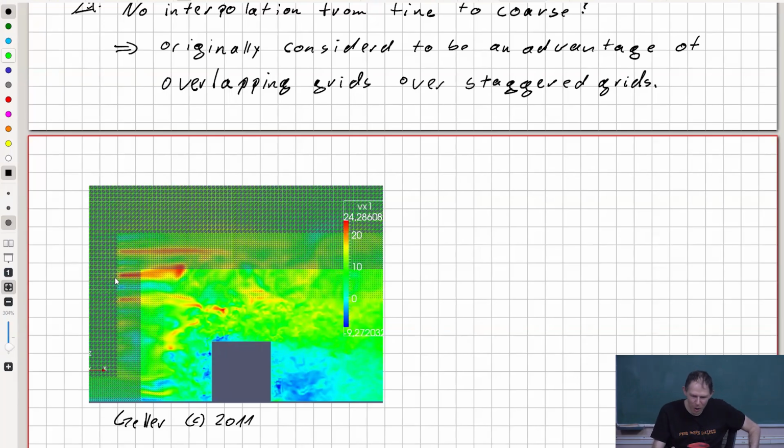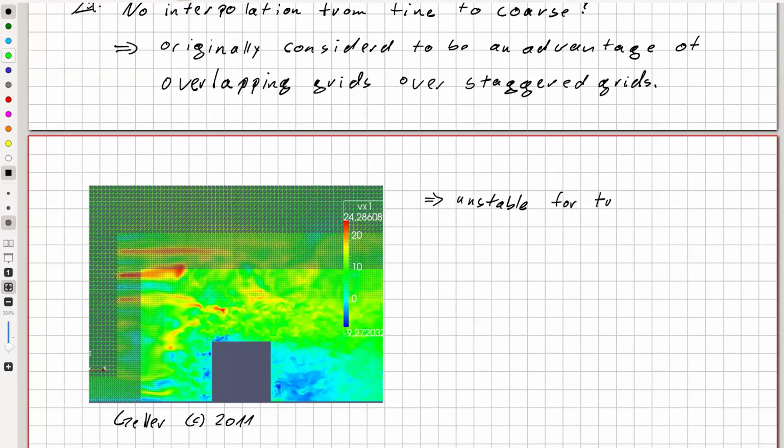So the observation here is this is unstable for turbulent flow. It is actually stable for purely laminar flow, but you can't go to turbulent flow with this.